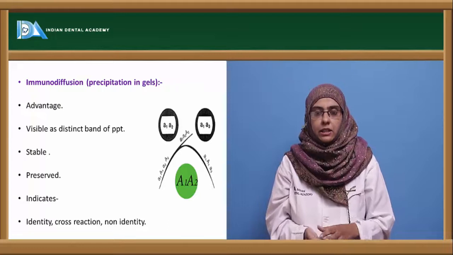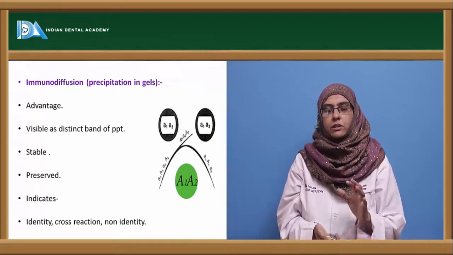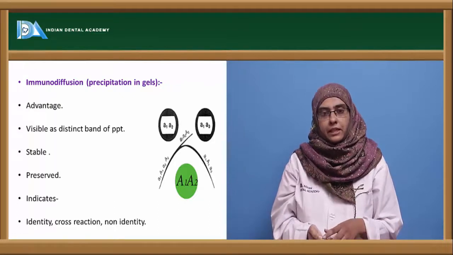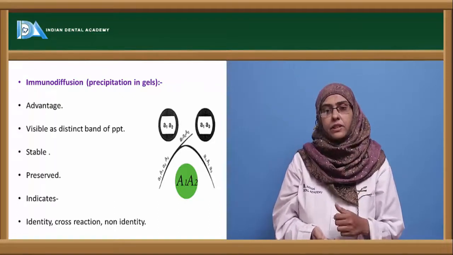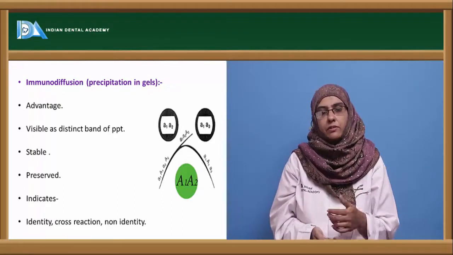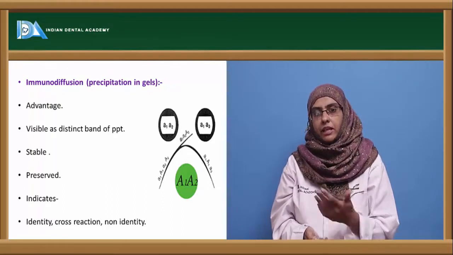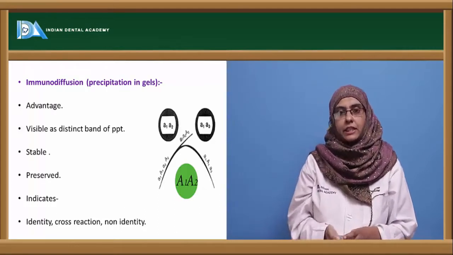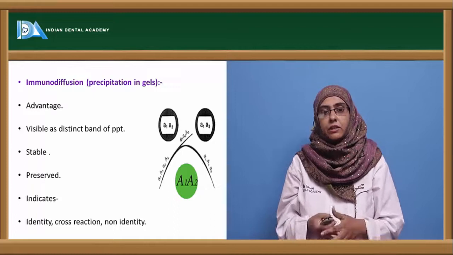The agar that is used is agarose, which is 1% agarose in the particular test. Another advantage is that it is stable, and we can stain it and preserve it for a longer period of time, and whenever we want we can identify this reaction. It also indicates the identity between different antigens or antibodies.